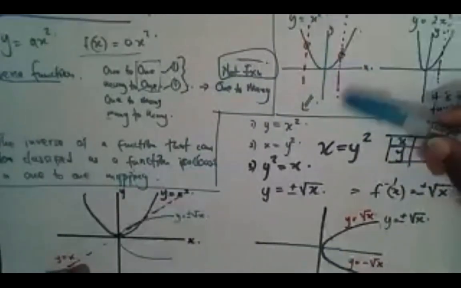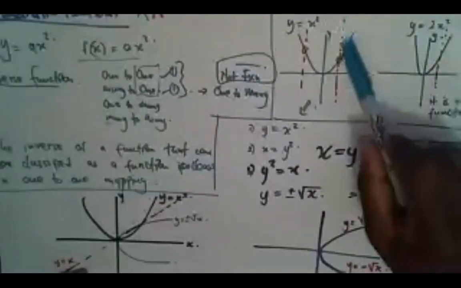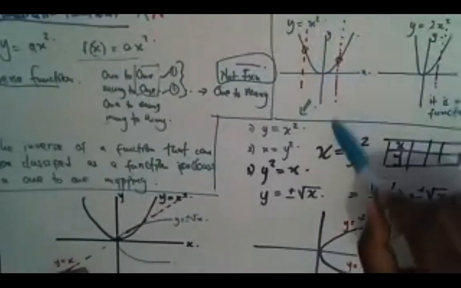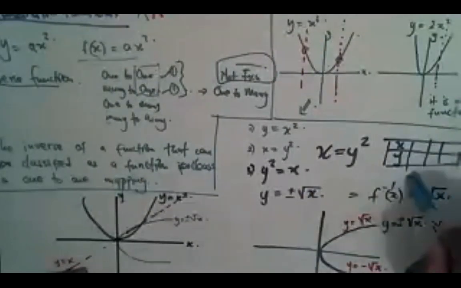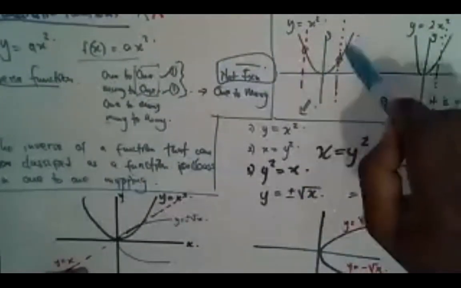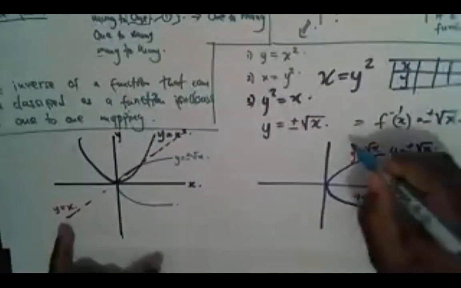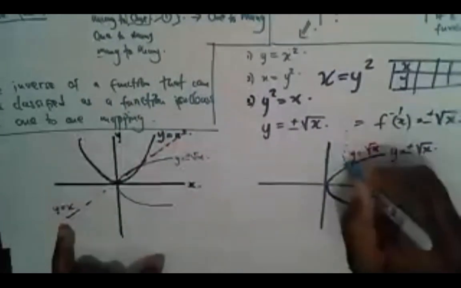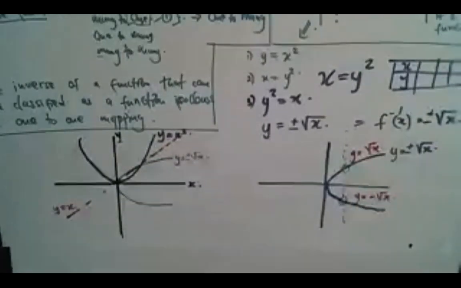When we did our vertical line test, we noticed that y equals x squared is a function, because when you draw the vertical line, it only passes through the curve once, at all the points on that curve. But if we get back here, on this one, if I draw a vertical line, how many points does it pass through? It passes through 2 points. So if it passes through 2 points, it means that it is not a function.